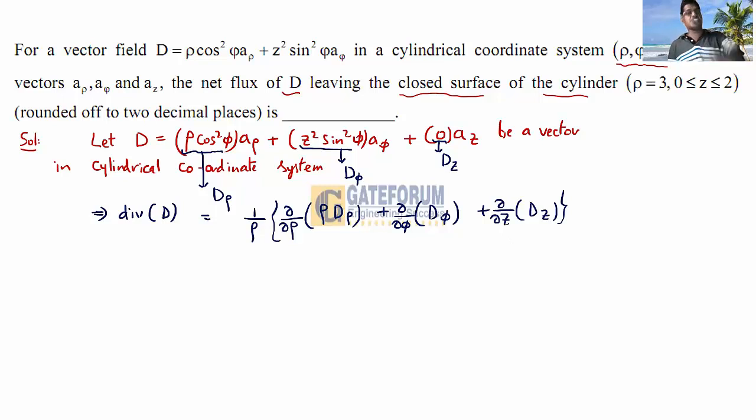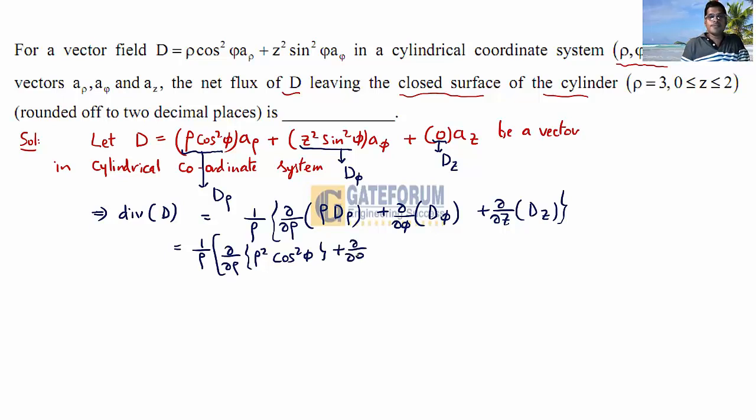Okay, so this is 1 by rho into dou by dou rho of rho times D rho, with D rho being rho square cos square phi, so rho into rho square cos square phi, plus dou by dou phi of D phi, z square sin square phi, plus dou by dou z of D z, which is 0.